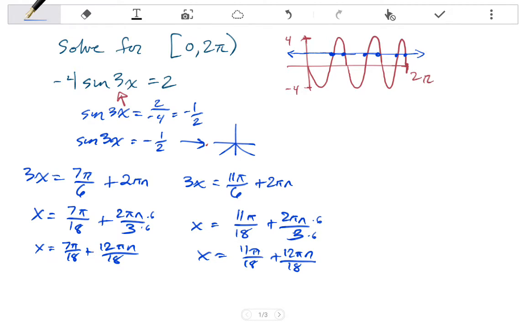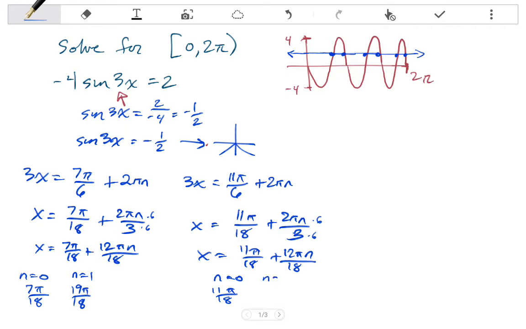From here, we just find all of our values. First of all, when n is 0, we're going to get a value of 7 pi over 18. And then for this case, when n is 0, you're going to get 11 pi over 18. For the next answer, when we find the next coterminal value, when n is 1, we're going to add 7 plus 12, so we're going to get 19 pi over 18.